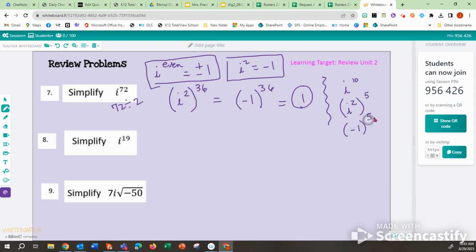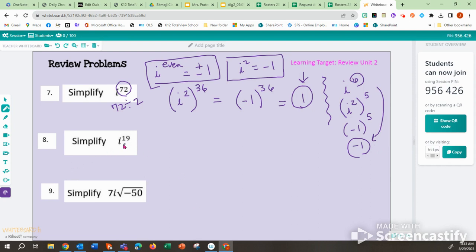It's being raised to 5. 5 is odd. Anytime we raise a negative number to an odd power, it produces a negative number. So negative 1 times itself 5 times is a negative 1. So just showing you how when your original exponent is even, it could result in a positive 1, or it could result in a negative 1. Just depends on the math.